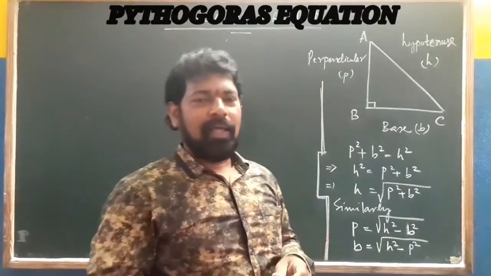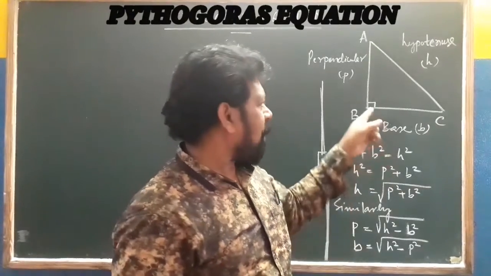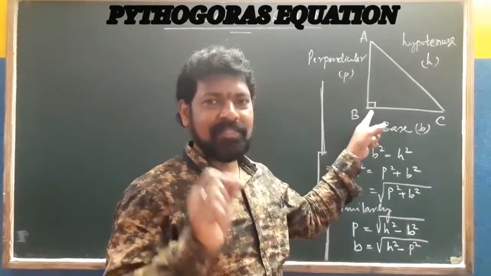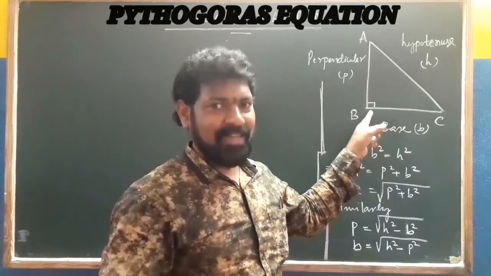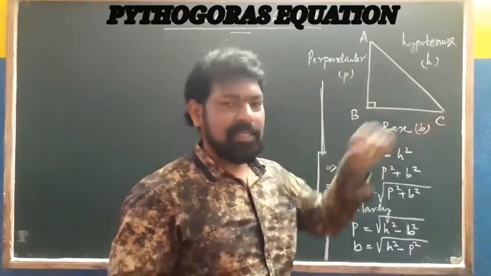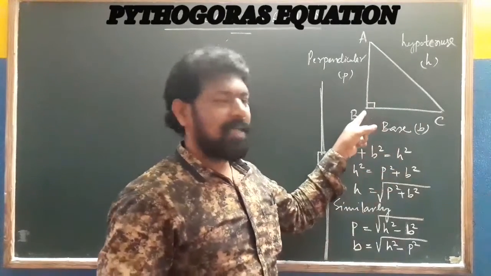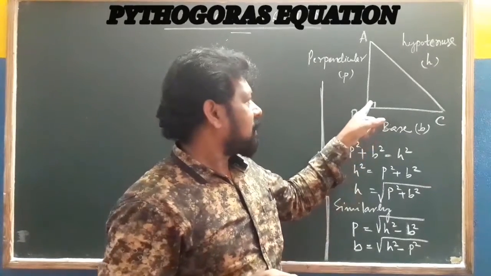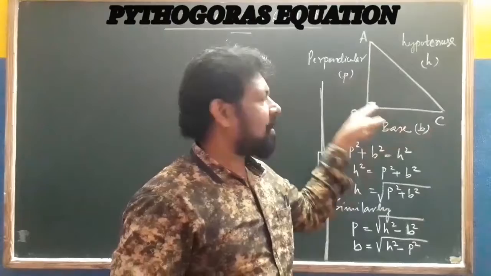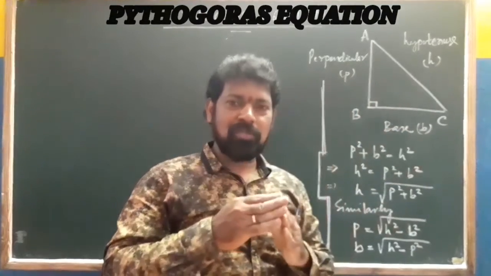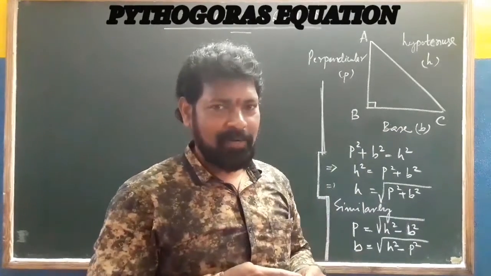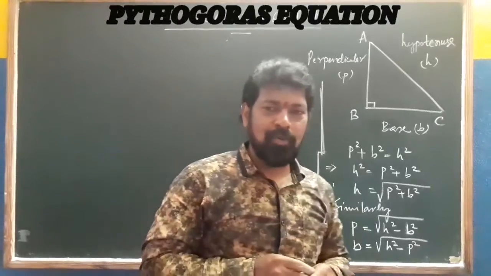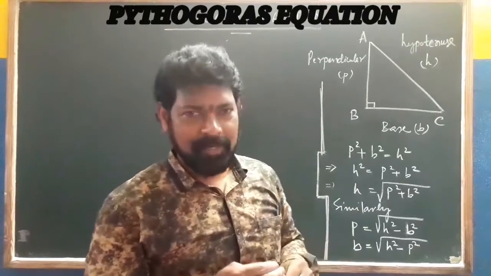You know, a triangle is said to be right angle if one of its angles measures 90 degree or right angle. Now ABC is a right angle triangle because its angle B measures 90 degree, and of the two sides by which the 90 degree is made, one is your base and one is your perpendicular.